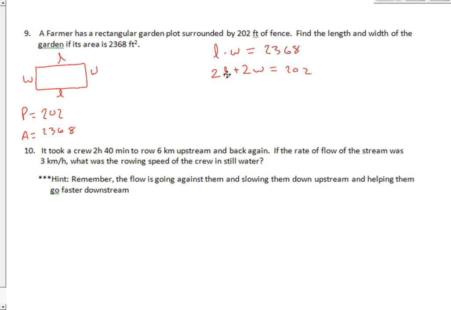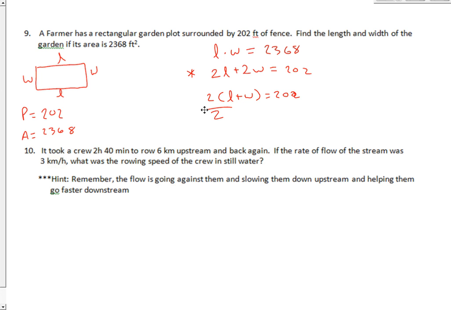So now what we're going to do is we're going to solve for either L or W so that we can come up with a substitution value to plug into the other equation. I'm going to solve the perimeter formula for L. So I'm going to first factor out the 2. So I get 2 times L plus W equals 202.